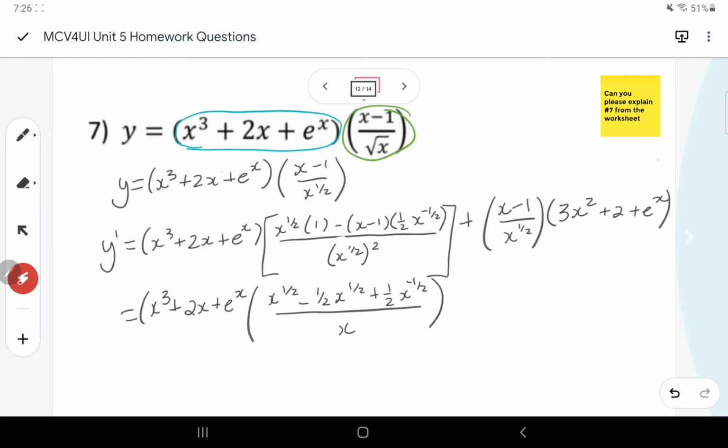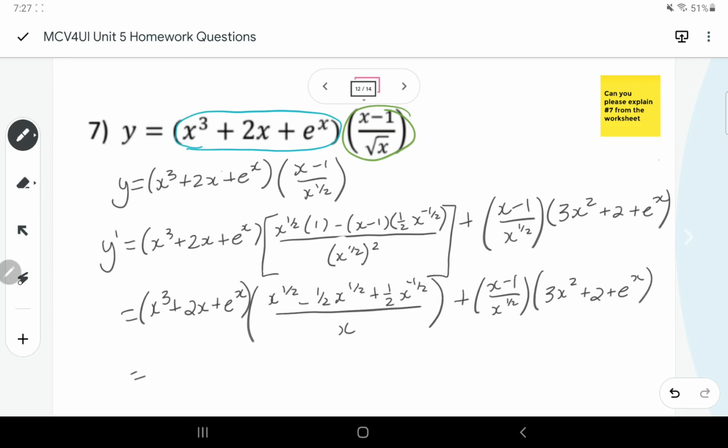So here I do have some like terms, and I think I'm going to need a whole other board here. Okay. So when we simplify in here at least a little bit, I get 1/2 x to the 1/2 plus 1/2 x to the negative 1/2.